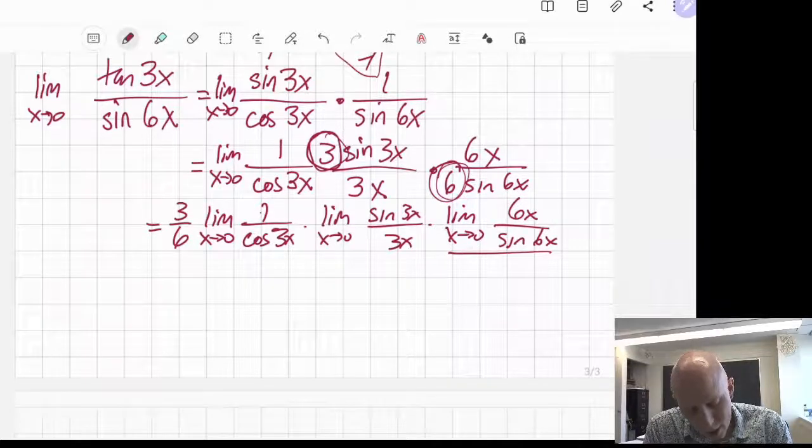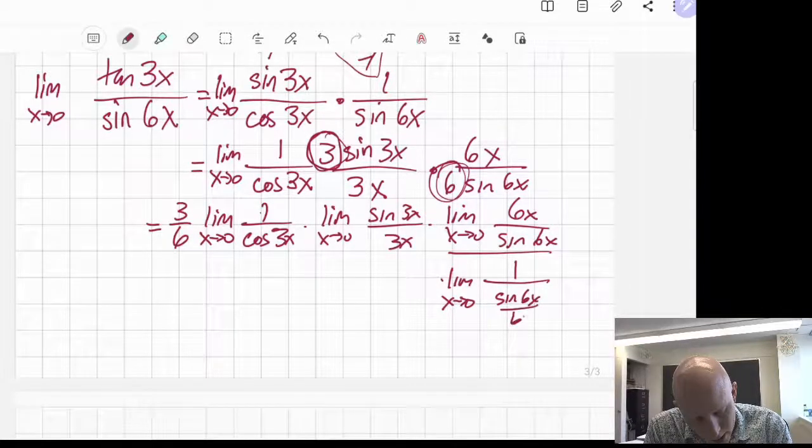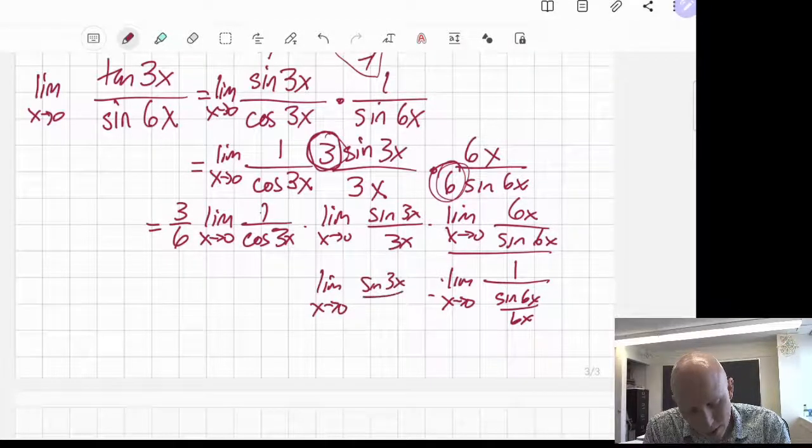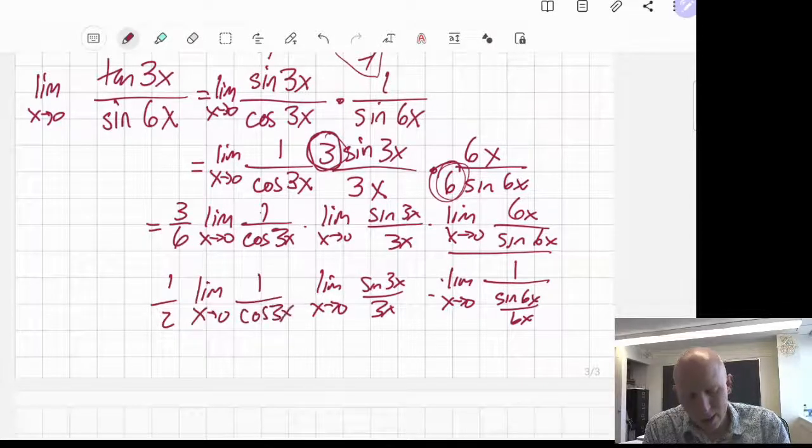This last expression is 1 divided by the limit as x goes to 0 of sine of 6x over 6x. This is the limit as x goes to 0 of sine of 3x over 3x. And this is 1/2 times the limit as x goes to 0 of 1 over cosine of 3x.